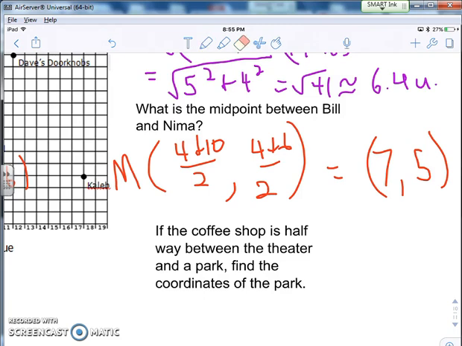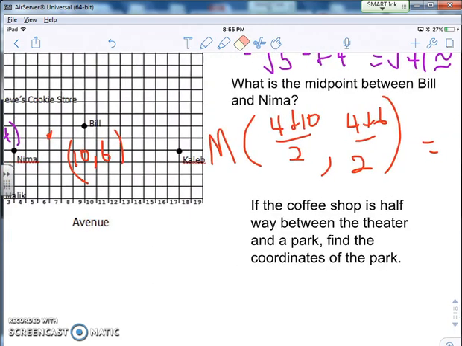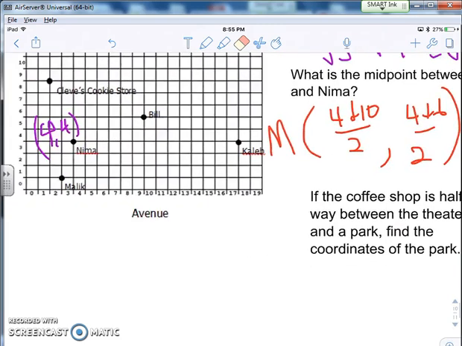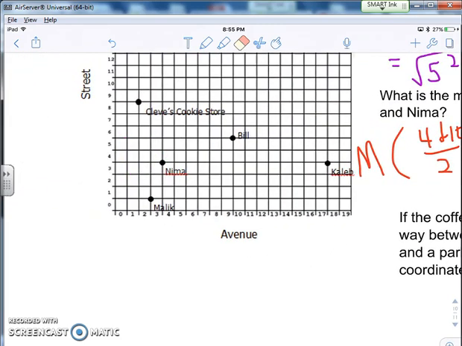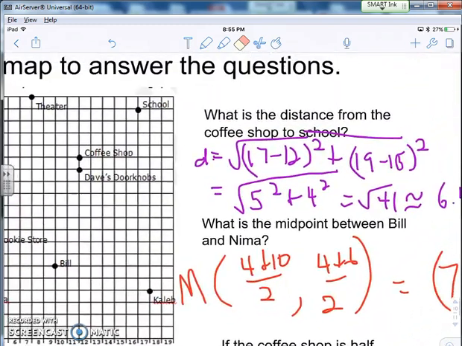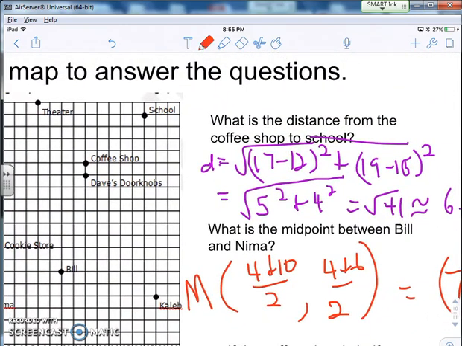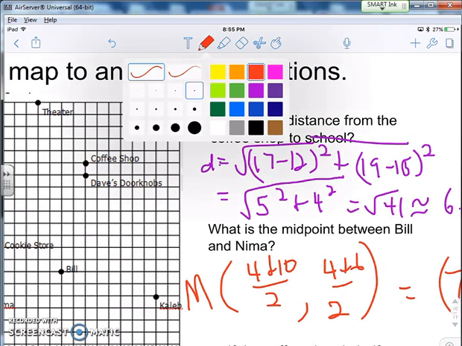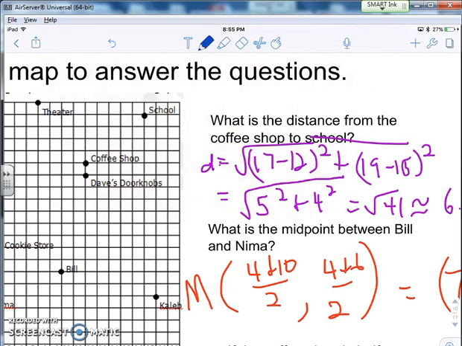Alright, last one. The coffee shop is halfway between the theater and a park. Find the coordinates of the park. So the park is not on the map, but we know that if we go from the theater to the coffee shop, we're halfway. We're going to assume it's a straight line, so it's going to be somewhere around here.